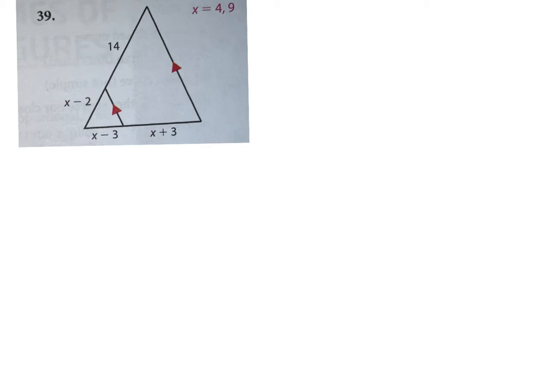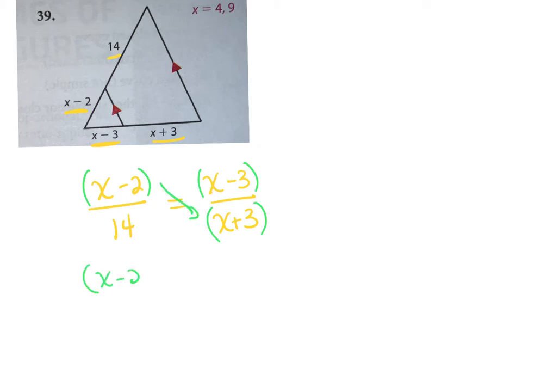The way you set it up, as long as you do it corresponding. So if I put this on top, x minus 2, and I put this on bottom, 14, then when I set the next one up, the corresponding part needs to go along with it. X minus 3 corresponds to the x plus 3. Remember, it is all grouped. So if there's a plus or minus, you need to group it. Which means when I multiply these, I have x minus 2 times x plus 3.